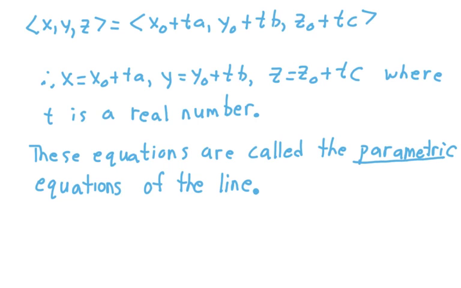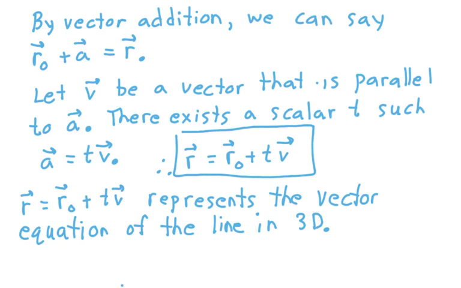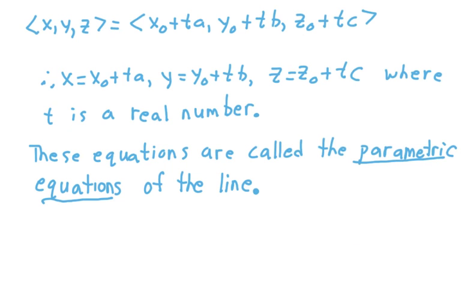They're called parametric equations. When written as a vector, this is the vector form of a line: r equals r naught plus tv. If we go back, these are called parametric equations. There are 3 equations.